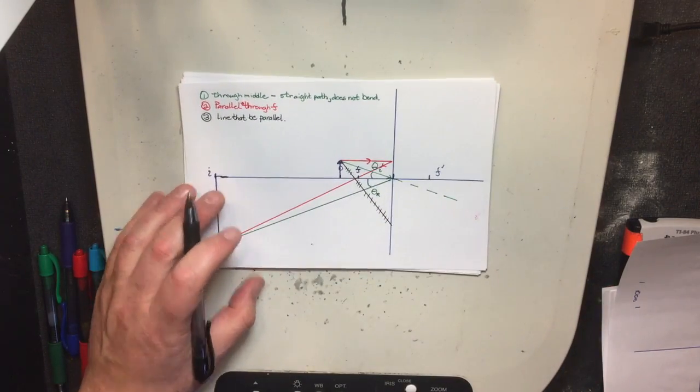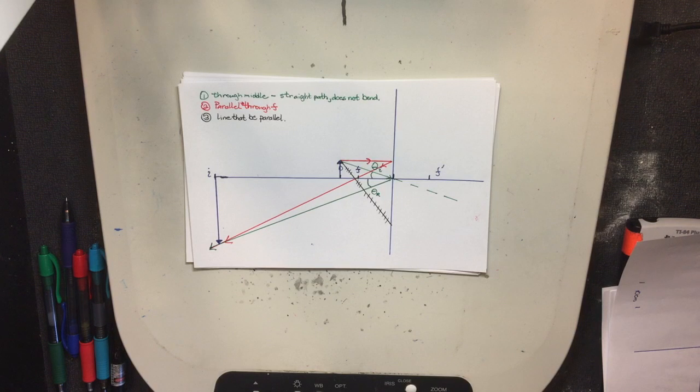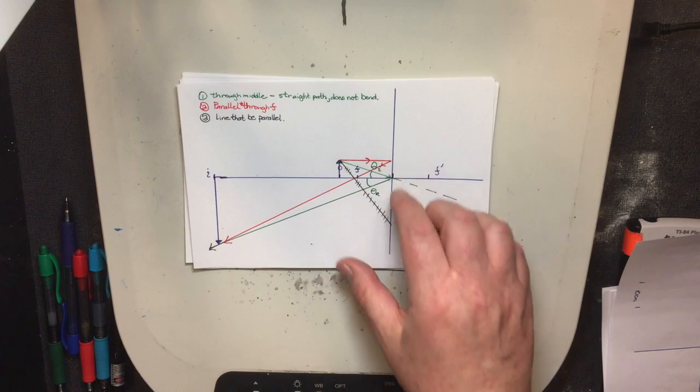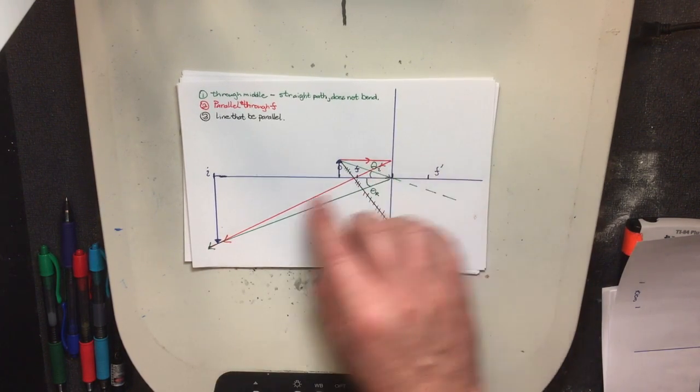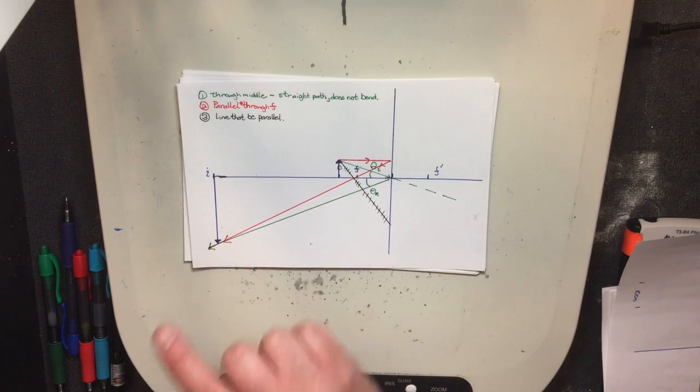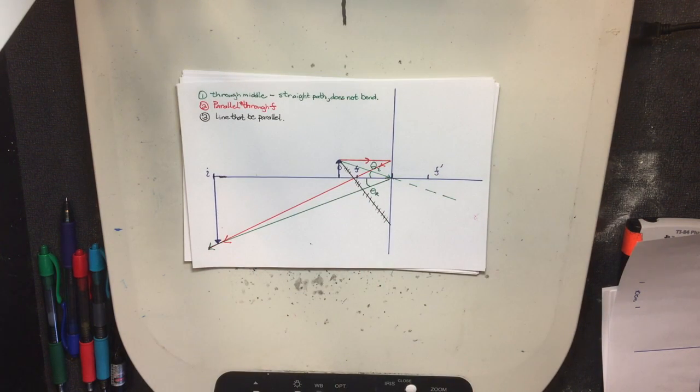Some of these situations, particularly with the mirrors, the third ray can get tricky. That's why I'm only going to require 2. But for the first 2, they were spot on and they lined up properly. That's all I'm going to expect you to do.